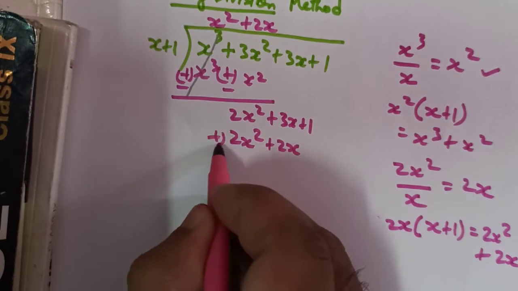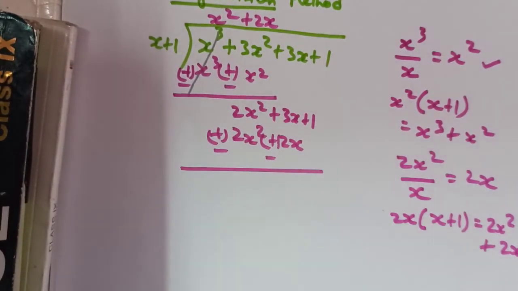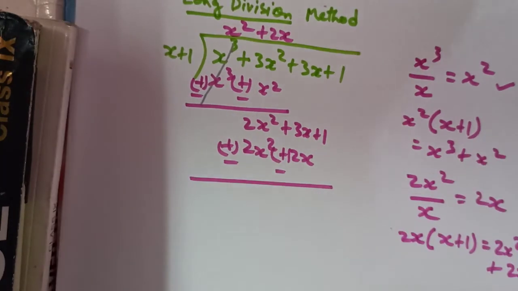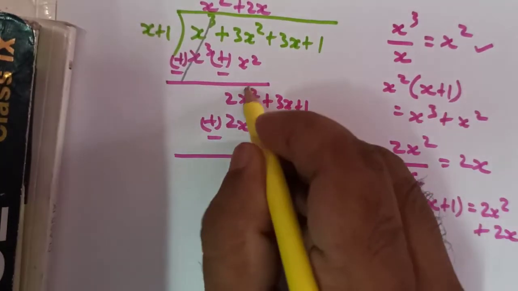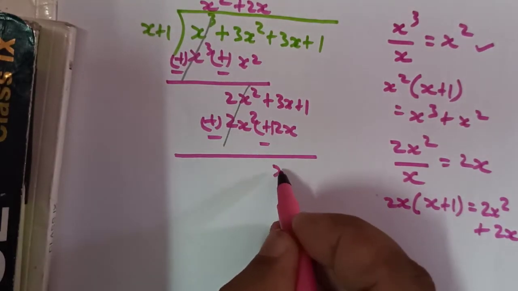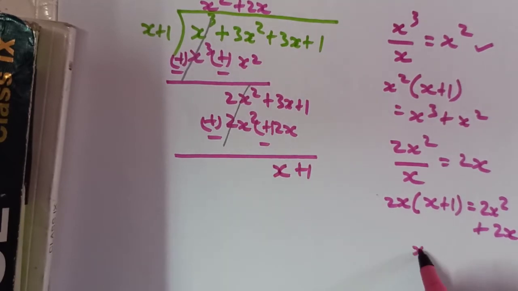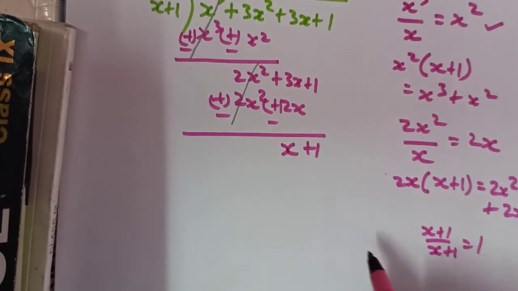Again the change of sign will take place, and we will get plus 2x square minus 2x square. This term will cancel out, and plus 3x minus 2x gives x, and plus 1. Now x plus 1 divided by x plus 1 comes out to be 1 only. So 1 times x plus 1 will be x plus 1 only.